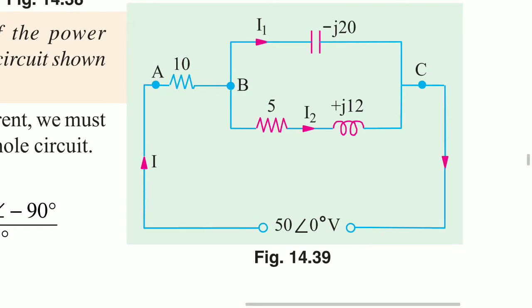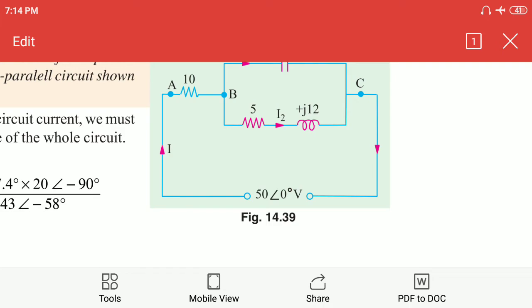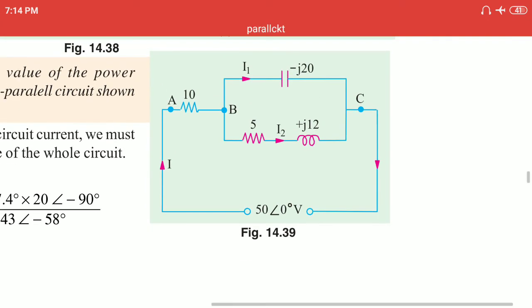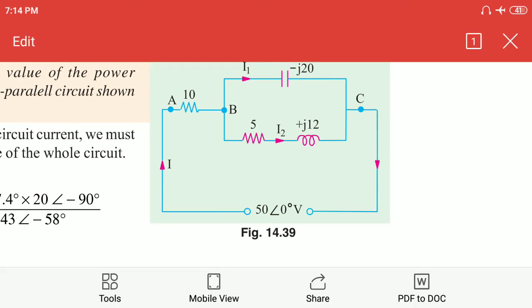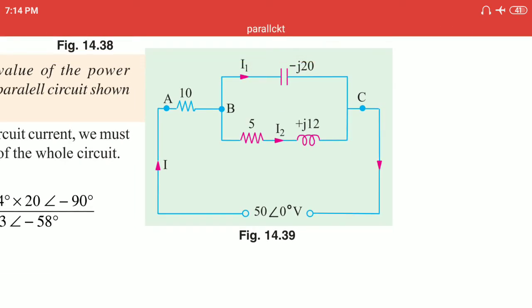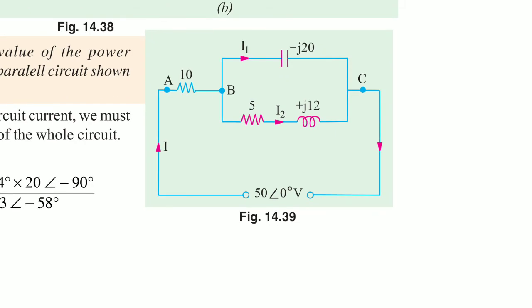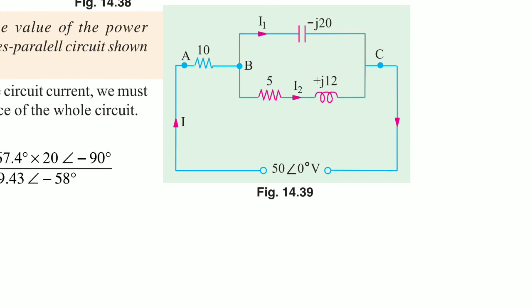So we have determined only the power in the AB branch and in the BC branch, that is the branch 2 power. These two powers are determined.